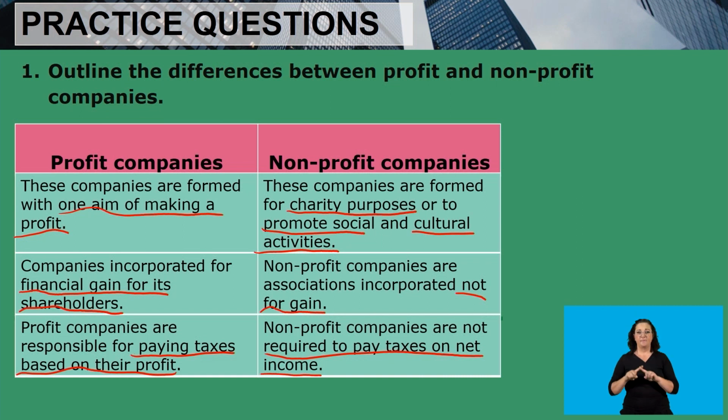So with non-profit companies, the income that is left after they have paid for their expenses is not taxed, because these companies are only incorporated for charity purposes and to assist with socio-economic issues that are affecting communities.